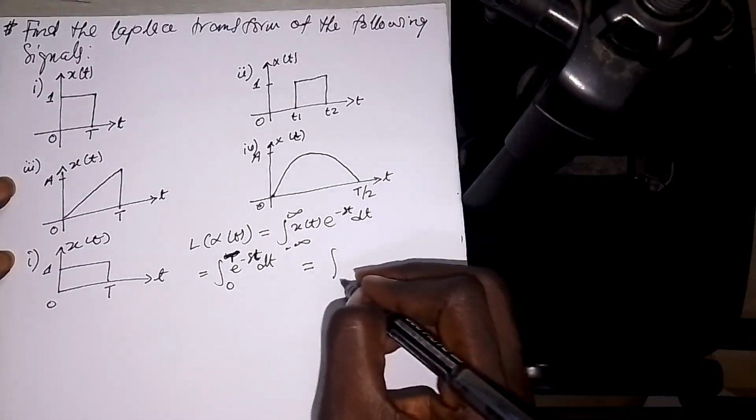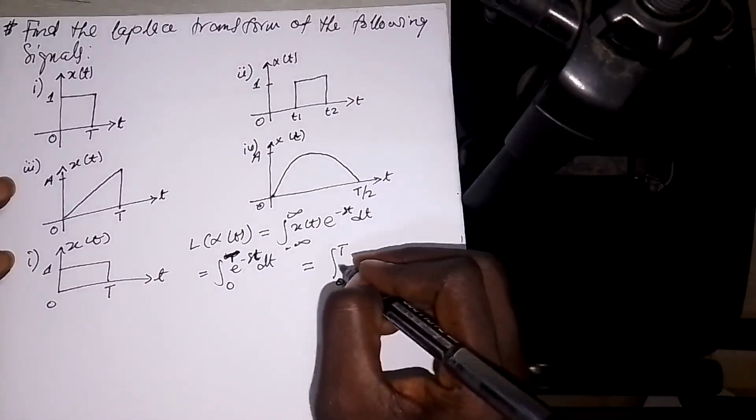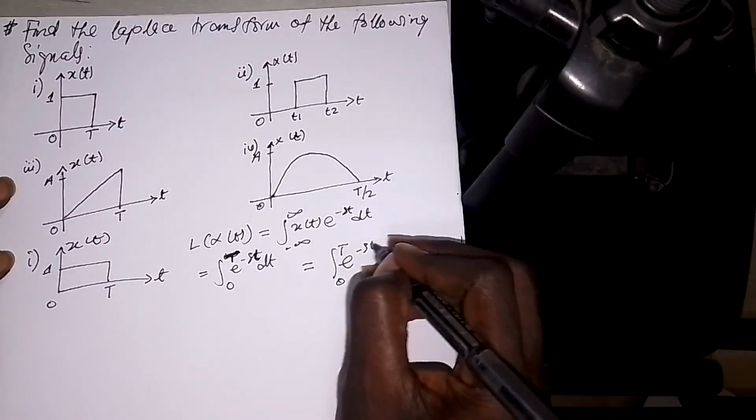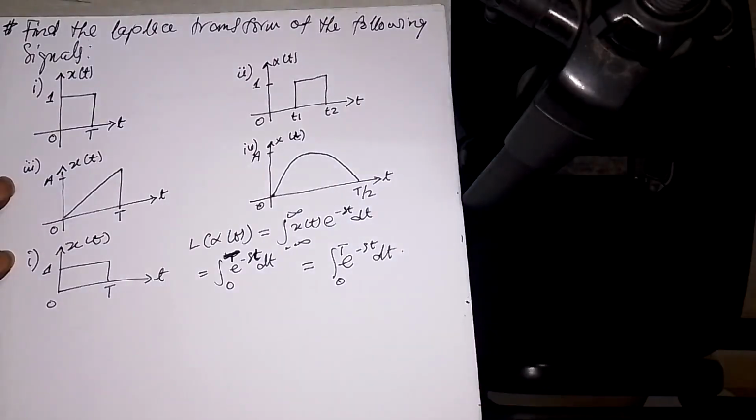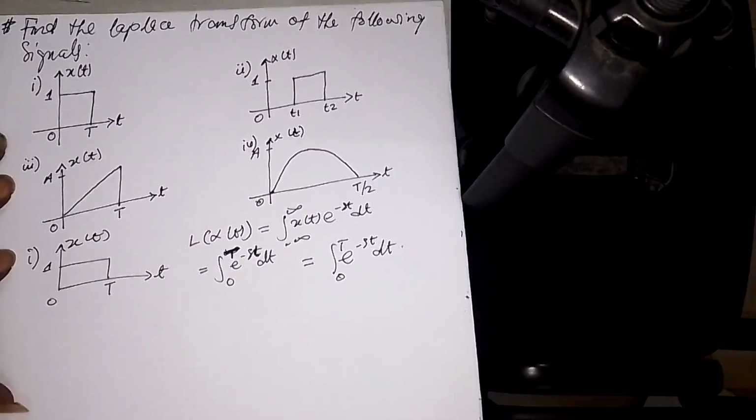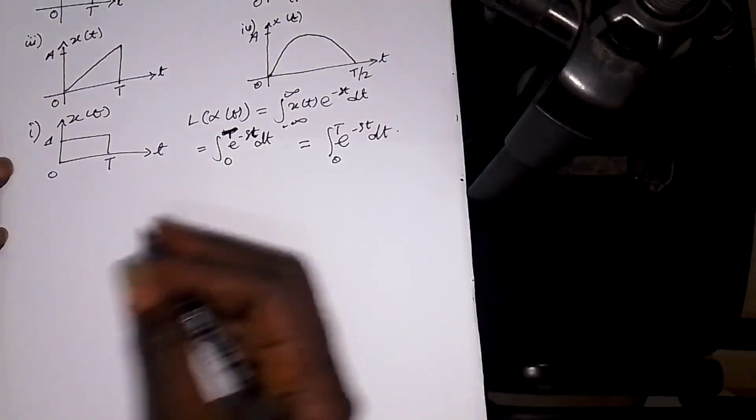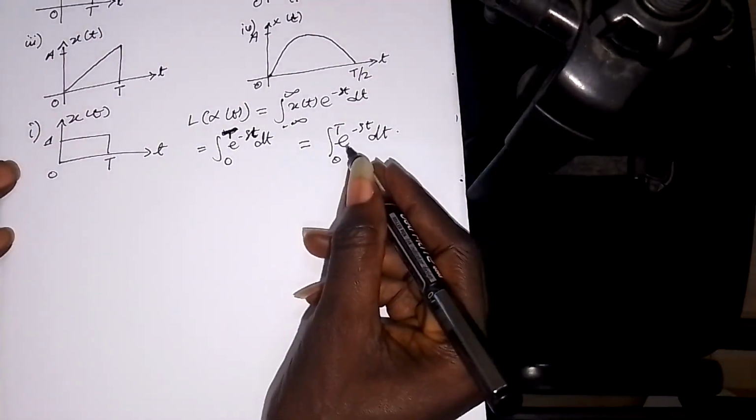Let me rewrite it again for you. 0 to T, e to the minus st dt. It's this simple. Now what we can do is integrate this particular function.